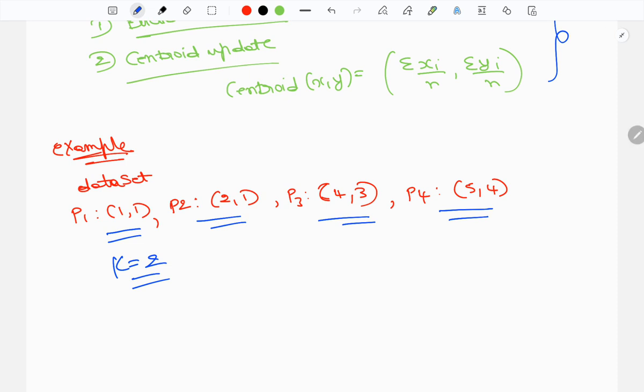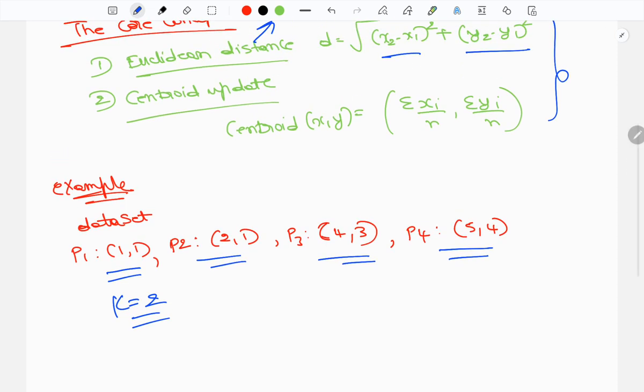As I said earlier, we have k equals 2, so that means we have to consider two centroids. This k value will usually be given in the question paper or in the problem. So when k equals 2, we have to consider two centroids.